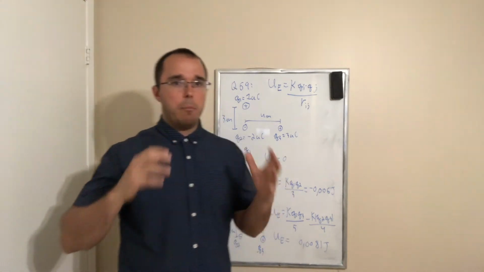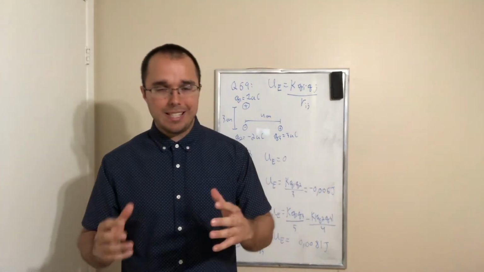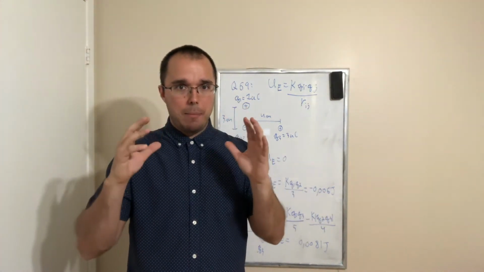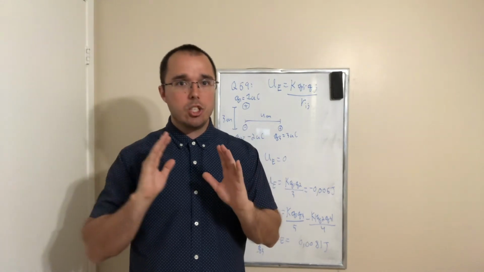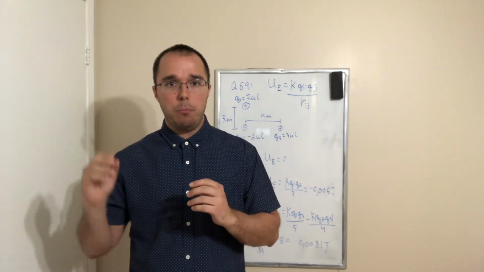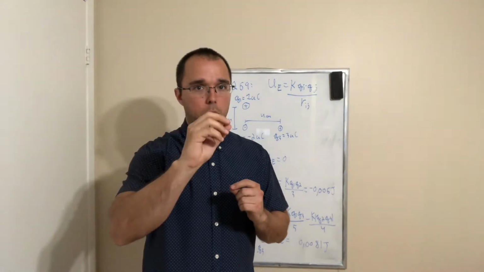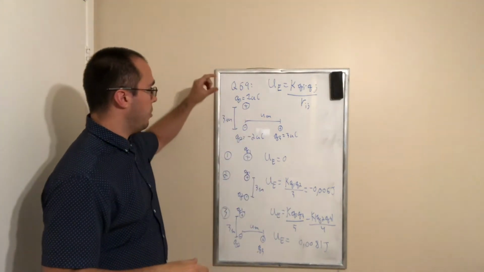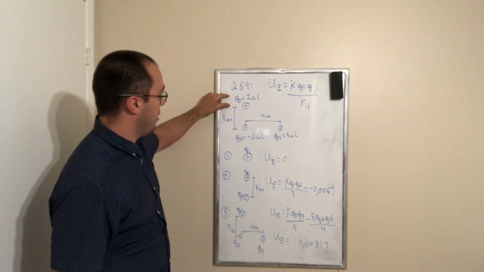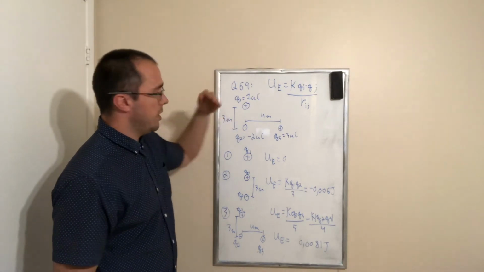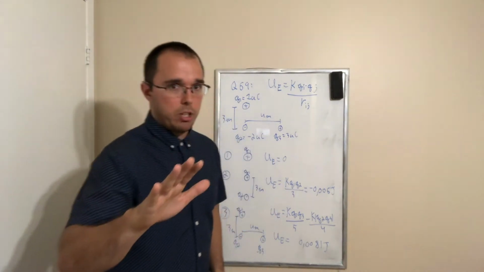So from what you have seen from the slide, when we want to determine the amount of work needed, we take each charge individually and we bring it from infinity to a point. So this will be done in 3 steps. We will bring charge Q1 at the beginning, then charge Q2, and then charge Q3. Okay, so let's start with the first step.